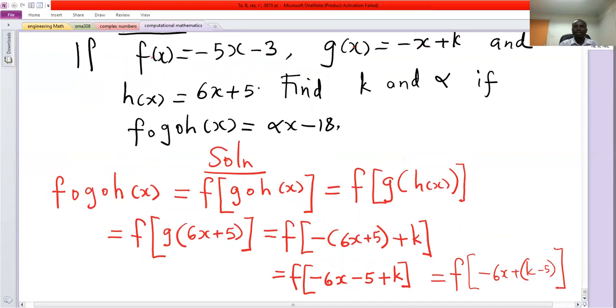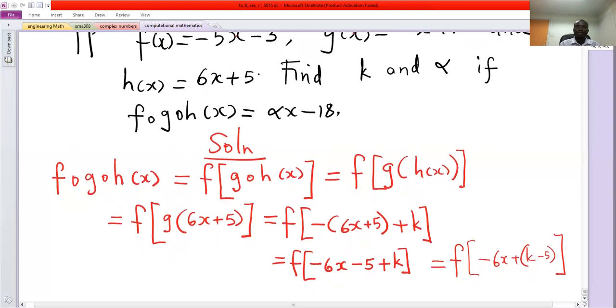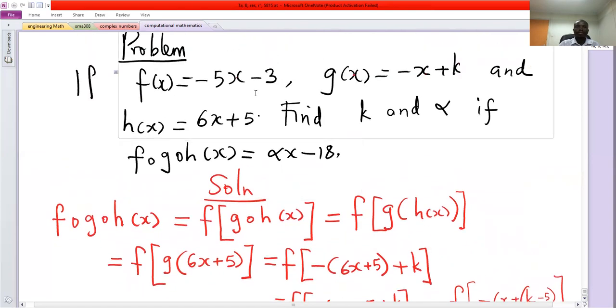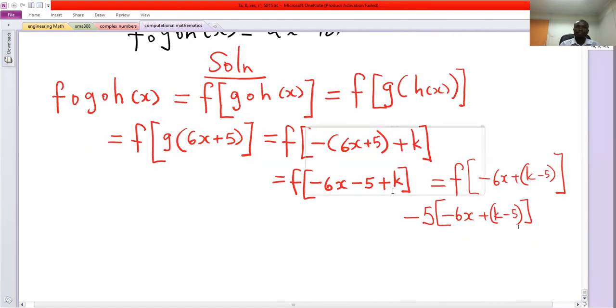The f function operates on the principle that when you give it an input, it takes minus 5, multiplies the input, and then subtracts 3. So it will do the same thing when we give it this input: take minus 5, multiply by the input, and then after multiplying the input by minus 5, subtract 3.